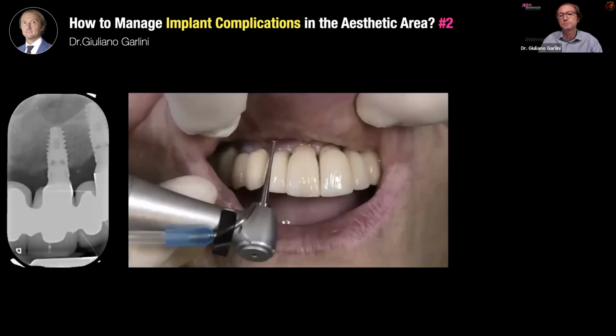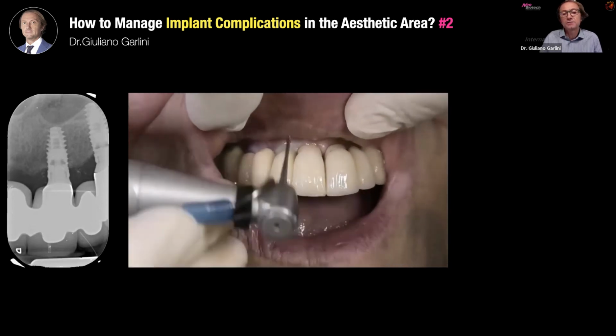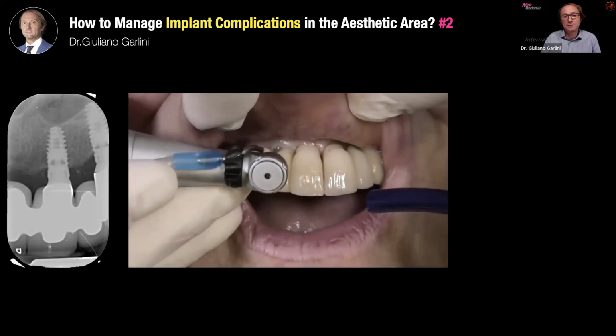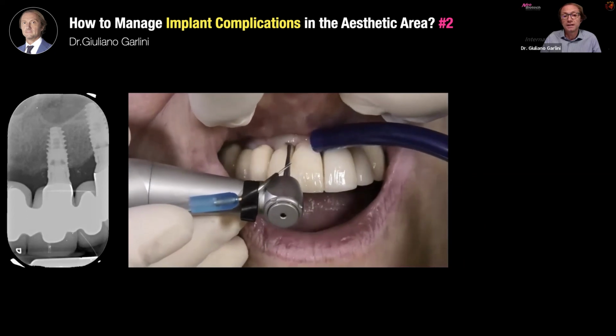And so the tools that I have shown you before are very useful to clean the implant. Let me show you a very brief video where we have a mucositis in this implant in the lateral incisor, and we can detoxify the implant by using the titanium rotative instrument.